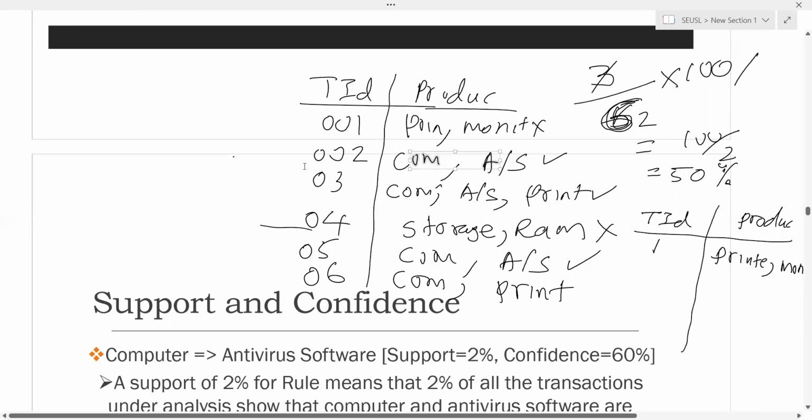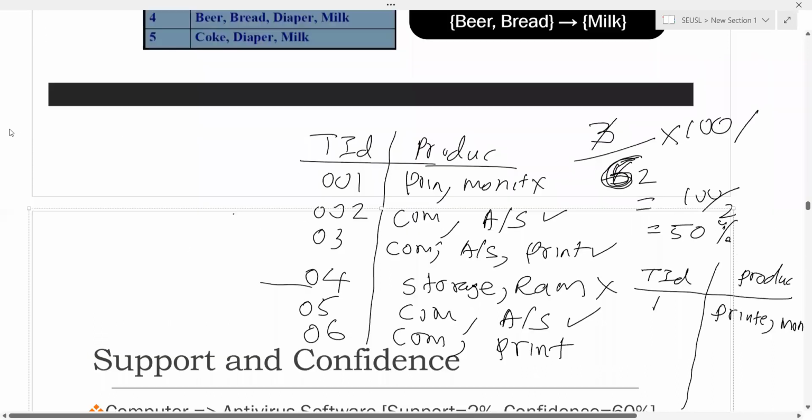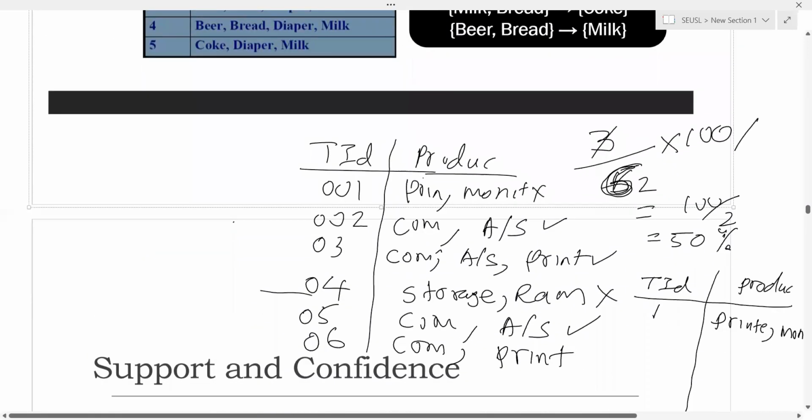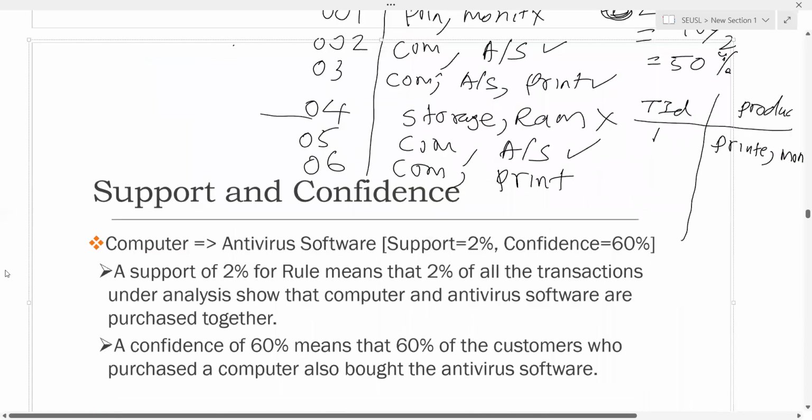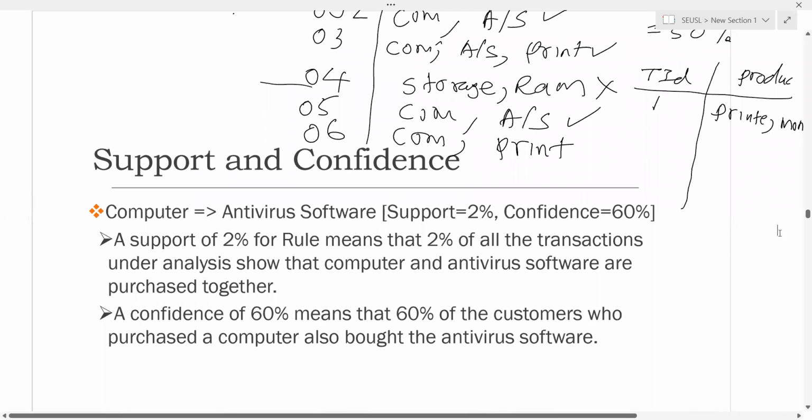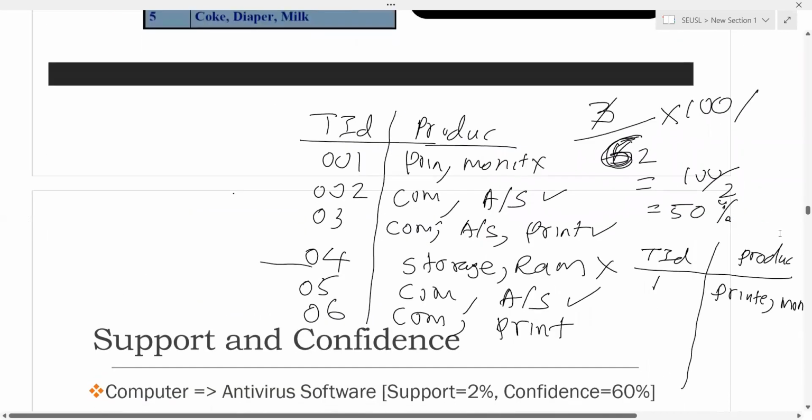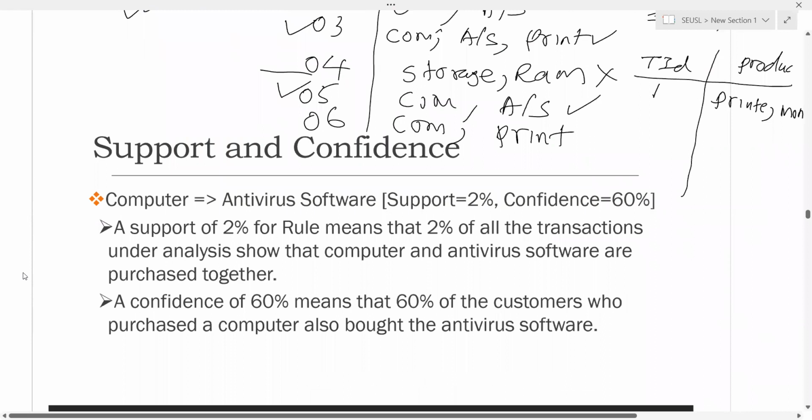The second person is buying, third one is buying, fifth one is buying. So a total of 3 transactions contain this.